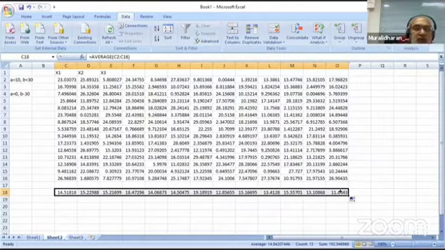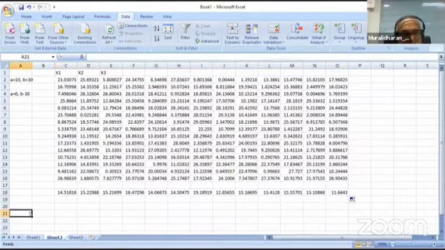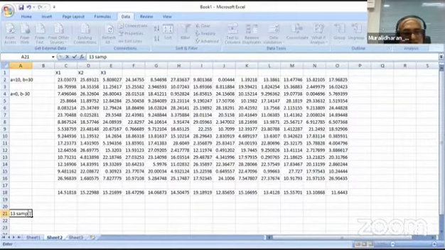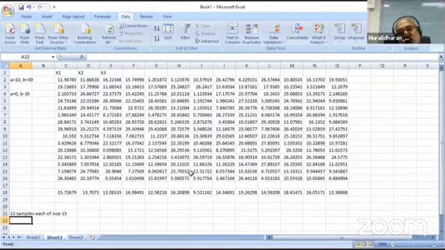I have 1, 2, 3, 4, 5, 6, 7, 8, 9, 10, 11, 12, 13. So I have 13 samples, each of size 15. Please note this, I have just written it here. For any action you take, the random samples are changing. So don't worry about it, nothing will happen.